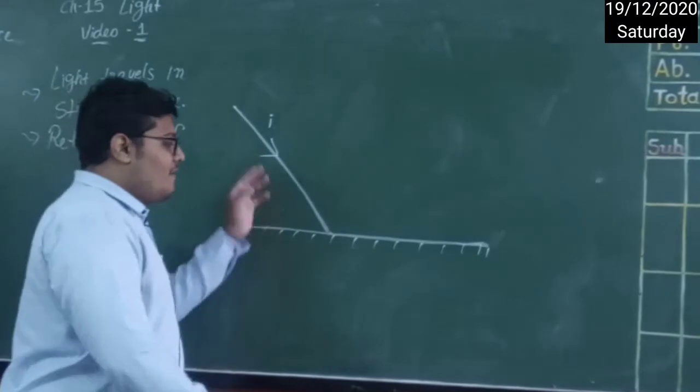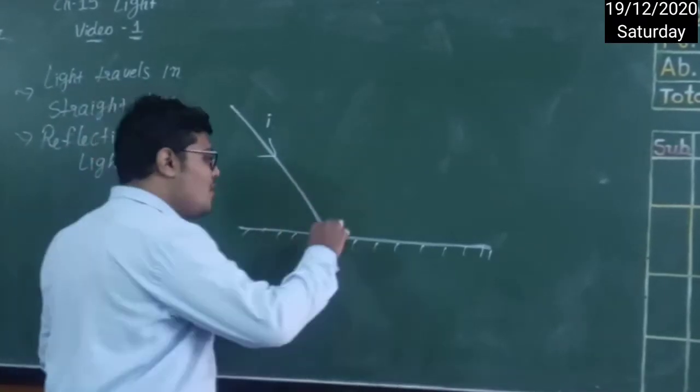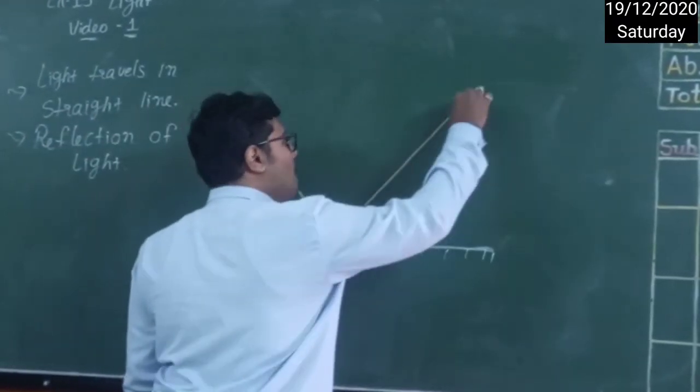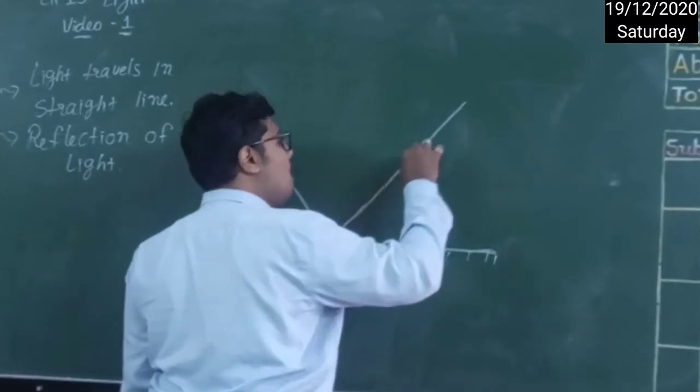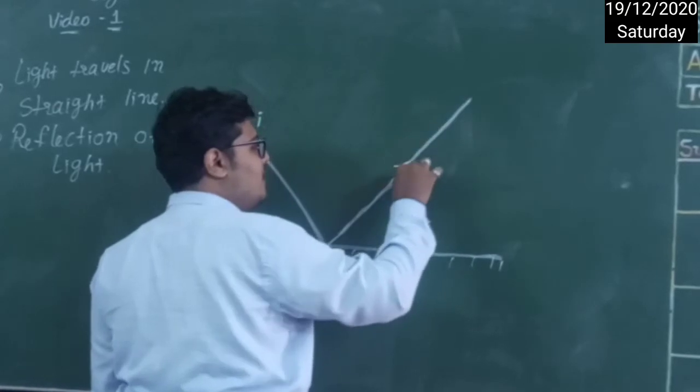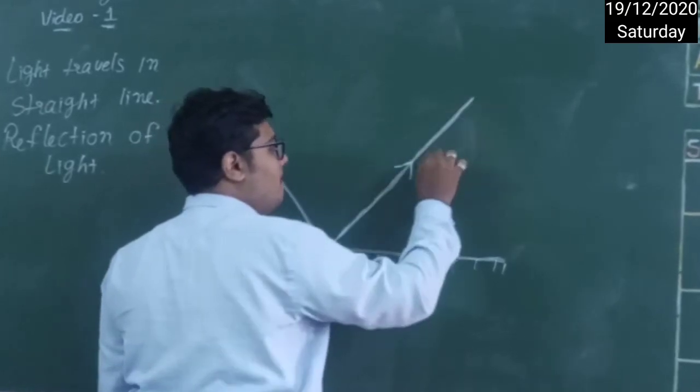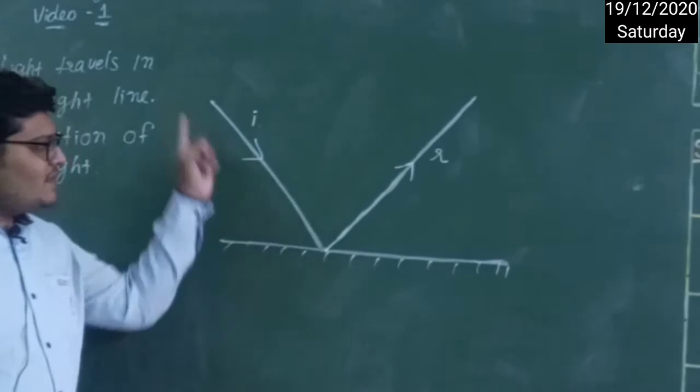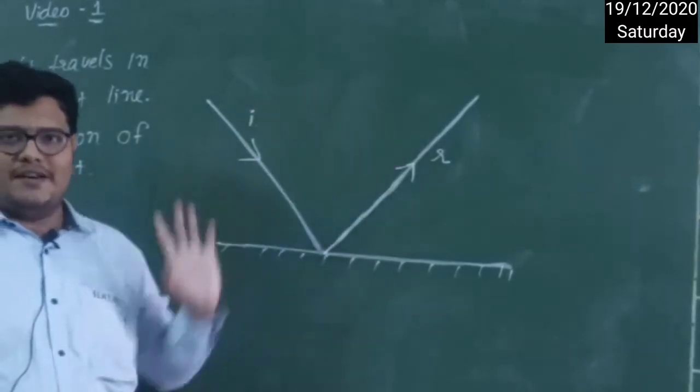When it strikes, from here it will bounce back. So this is the incident ray, this is the reflected ray.